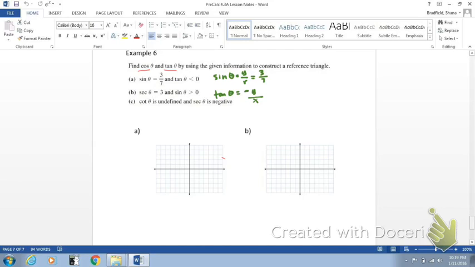So in order to get negative y over x, that means that the x would have to be a negative value. So x is less than 0. It's negative. So we have y is 3 and r is 7.